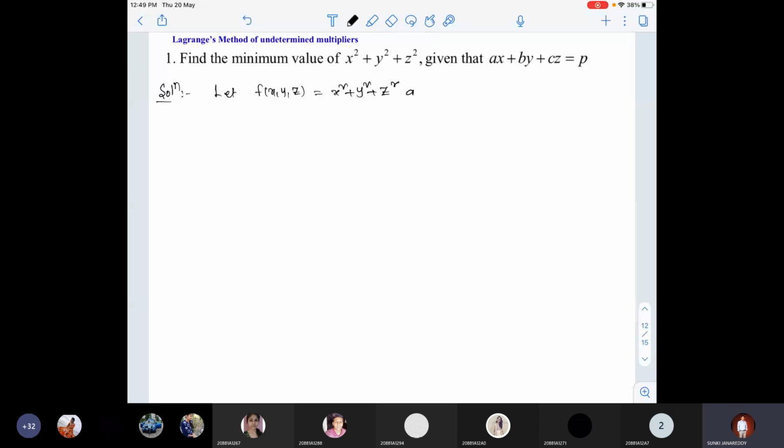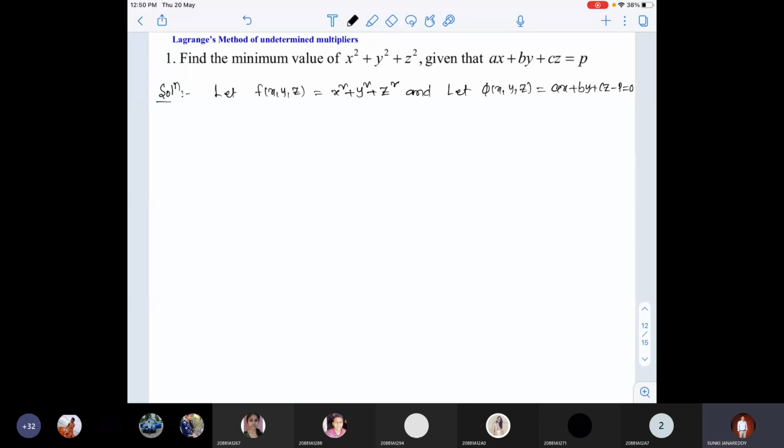It is given, and let phi of x comma y comma z is equal to ax plus by plus cz minus p is equal to 0. It is the connected relation that is given.